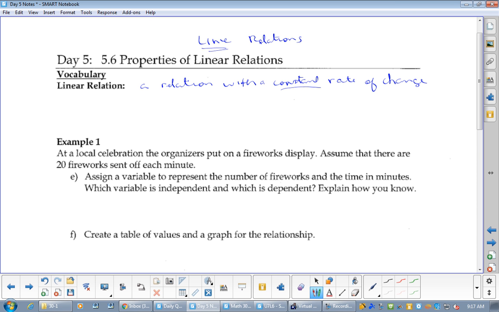It is in the form y equals mx plus b. Now, m is the rate of change. That's also called the slope of the graph, which we'll be talking more about tomorrow. And b is the y-intercept.